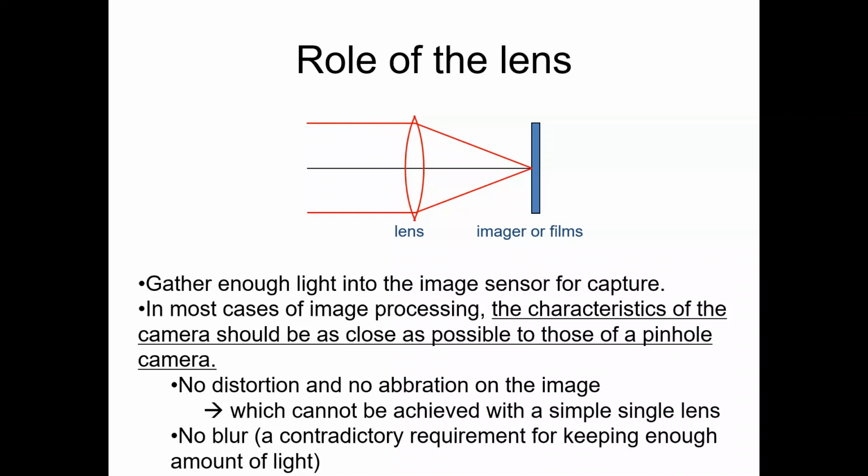The lens concentrates a bunch of rays to just a single point. That's a very important ability of the lens. So the hole size gets large, but the lens is kind of filtering the rays.